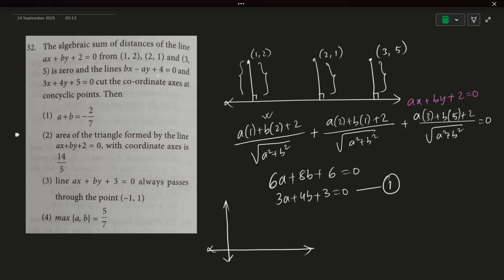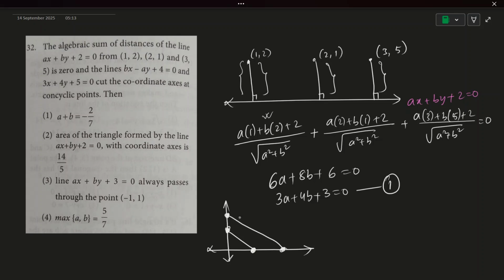On the coordinate axes these two lines are there, and they are making the concyclic points. Let us take one line like this and another line. Wherever they intersect the coordinate axes, those points are concyclic points.